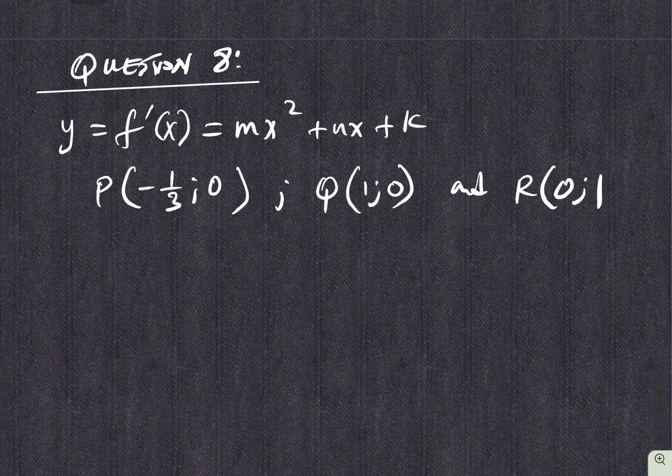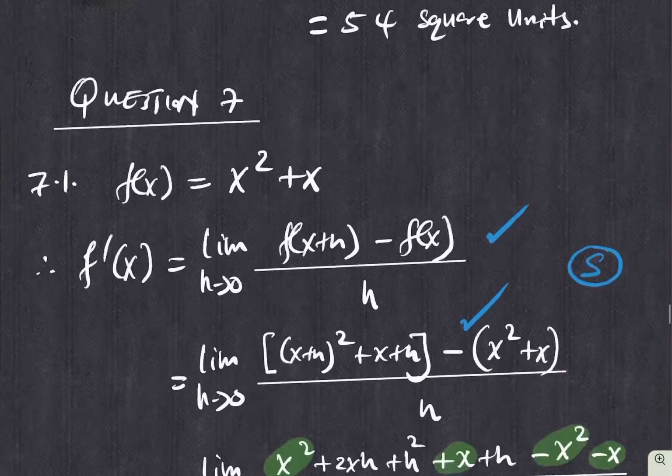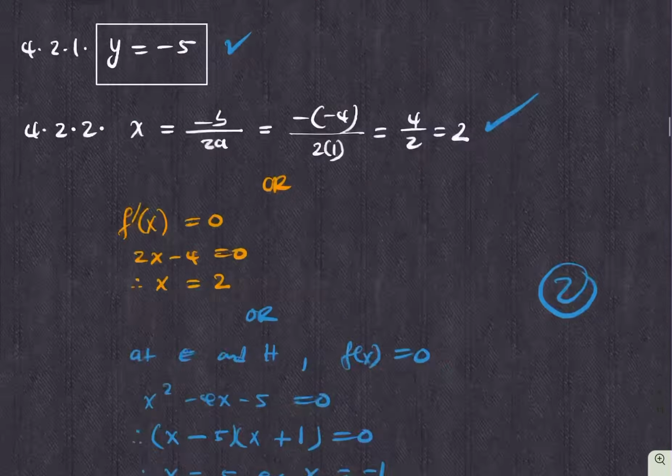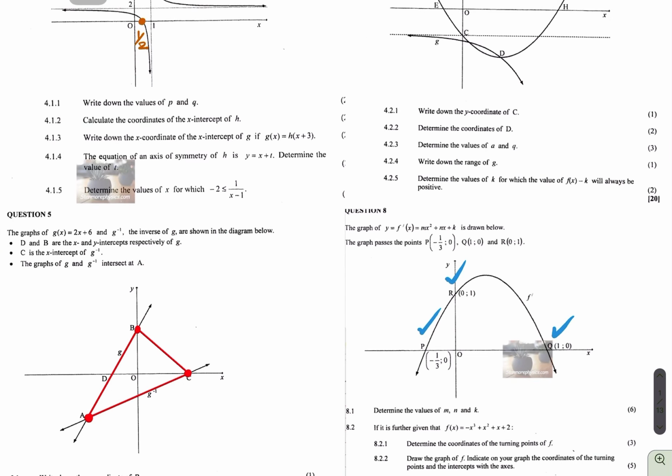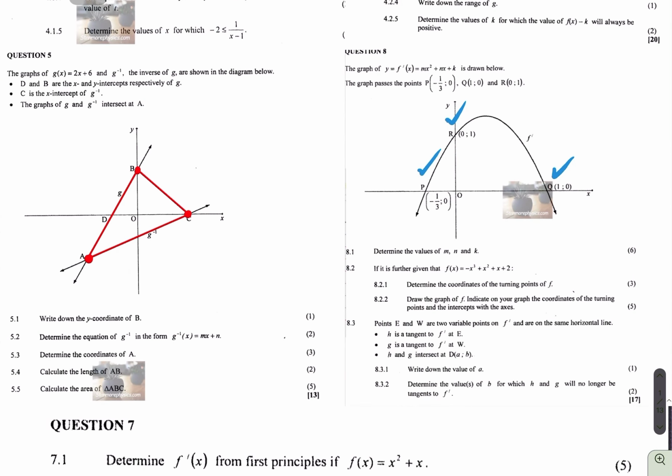I think it's 0 and 1, it's the y-intercept. Let me check it again. P is -1/3 and 0. Q is 1 and 0. And R is 0 and 1. Determine the values of m, n and k.